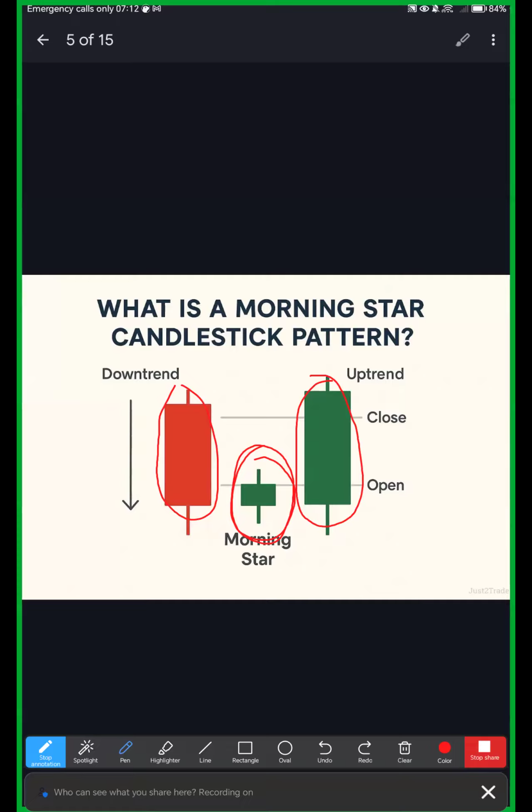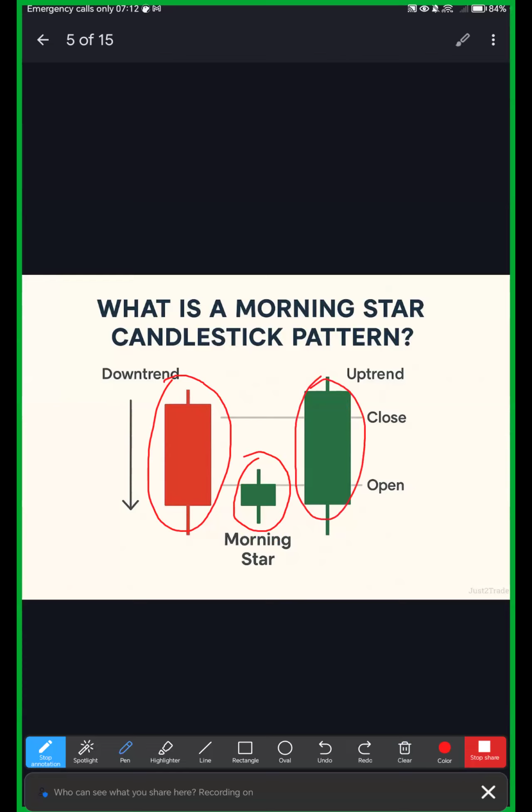So you can see the composition. First of all, there is a bearish candlestick, which is a big-bodied candle. Then the second candle happens to be the small candle, and it is in between. And thereafter, you will see a bullish candlestick.